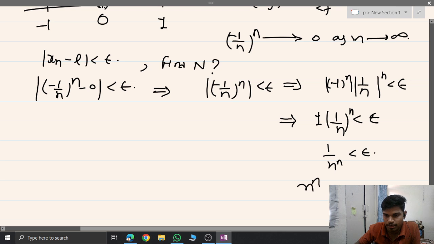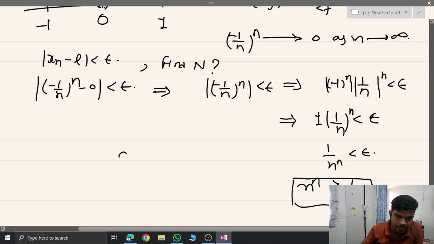So what is the value of n? n to the power n is greater than 1 by epsilon. So what can you say about the value of n here? There are some methods to find the value of n in this situation also. So you will get that n is greater than some function of epsilon, and that should be your n.